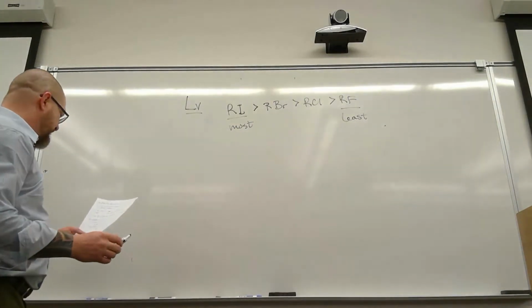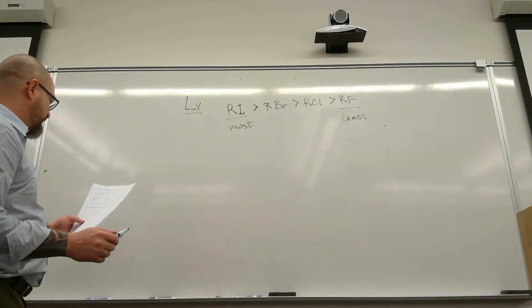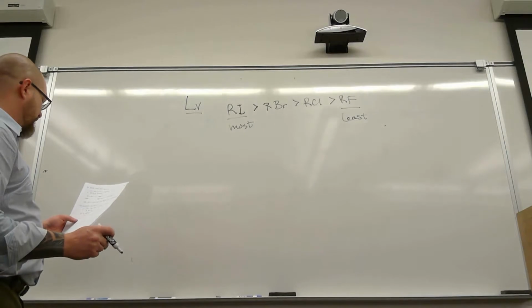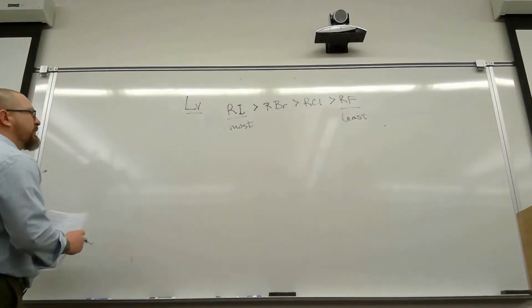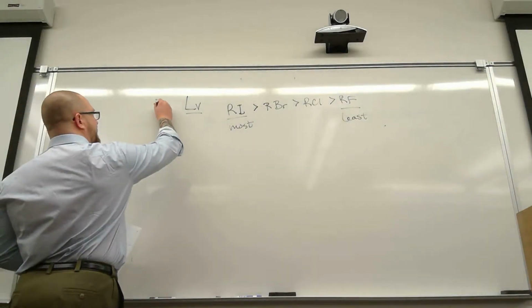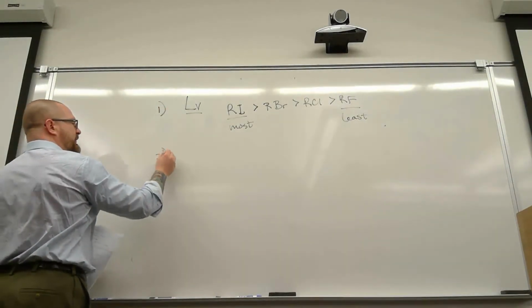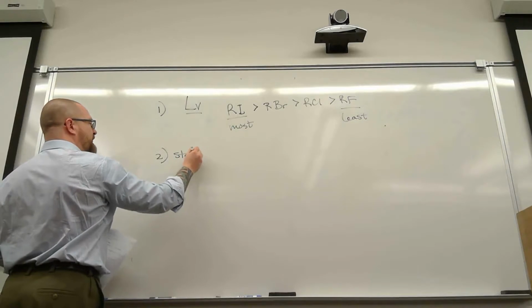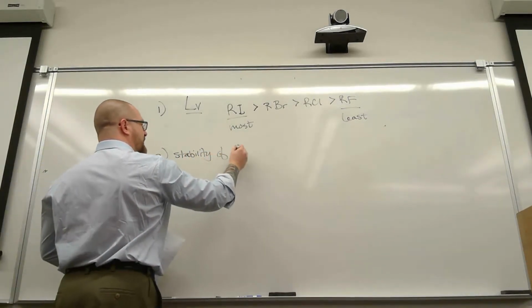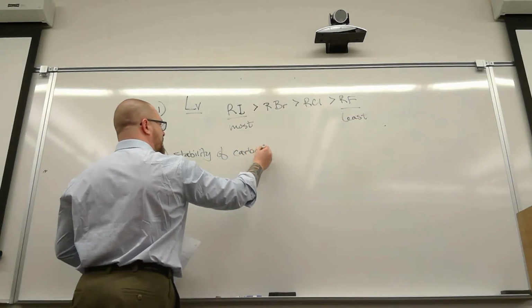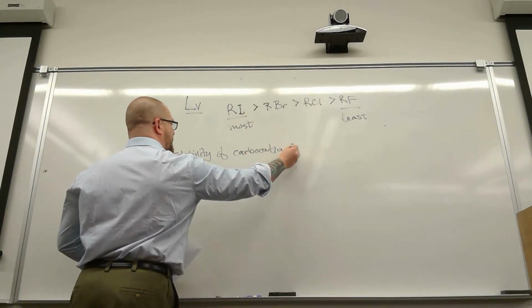Let's see, other considerations. The other factor, so this is our first factor, quality leaving group. Second factor, we've already talked about this once, but we'll do it again, stability of our carbocation.